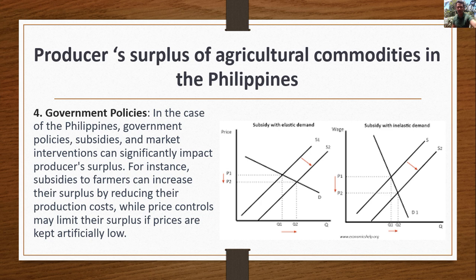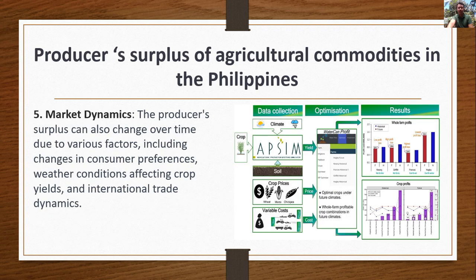So, in the current news, some of the farmers, especially in rice, are expressing their concerns about the prices being set, since that will be an indication of the price that the traders are willing to pay for their commodity. Okay, so some of our government policies affect the surplus of our commodities.